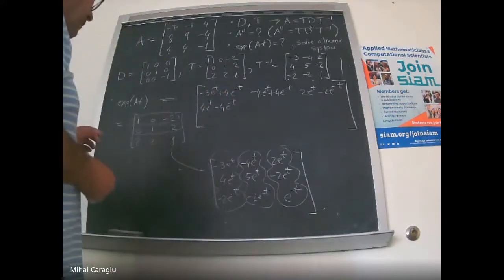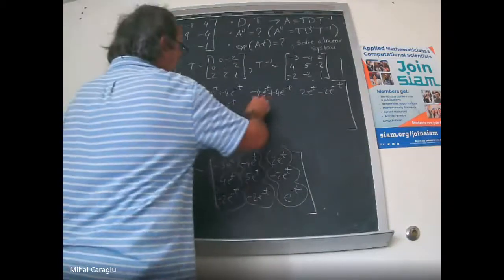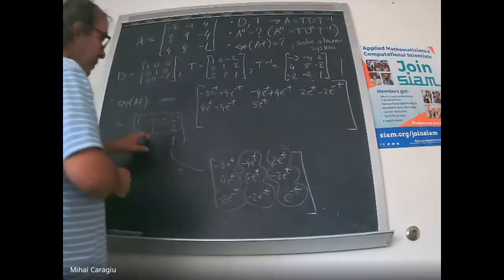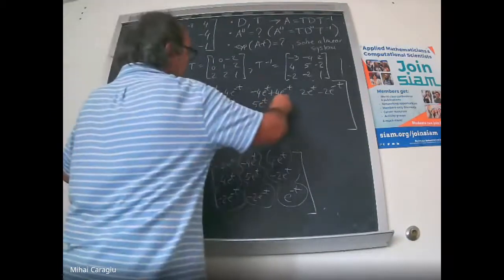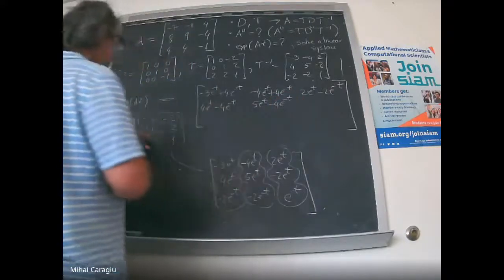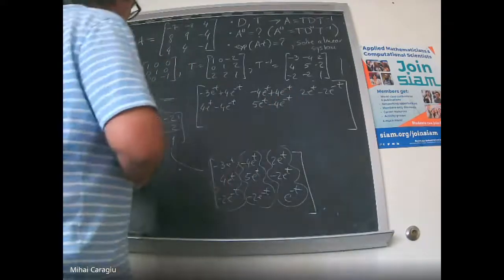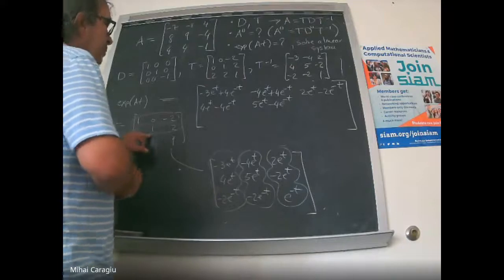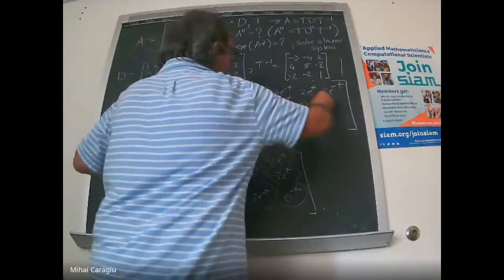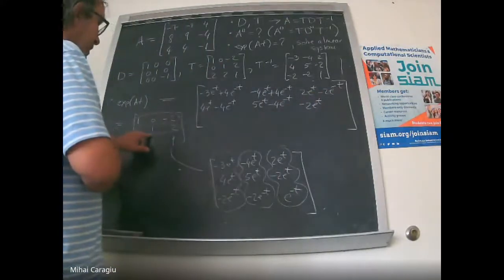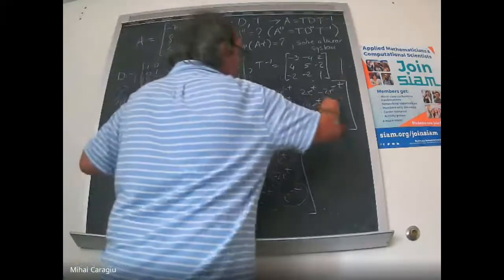Second, second: 5 e to the power t minus 4 e to the minus t. Second, third. We get minus 2 e to the power t plus 2 e to the minus t.